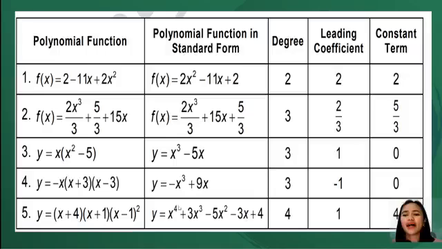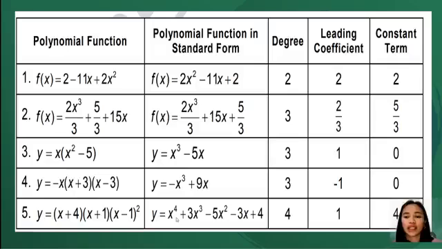So, in here, the thing that we must focus on is the highest exponent. What's the highest exponent? So, 4. Therefore, that's the degree. So, this is a quartic function.